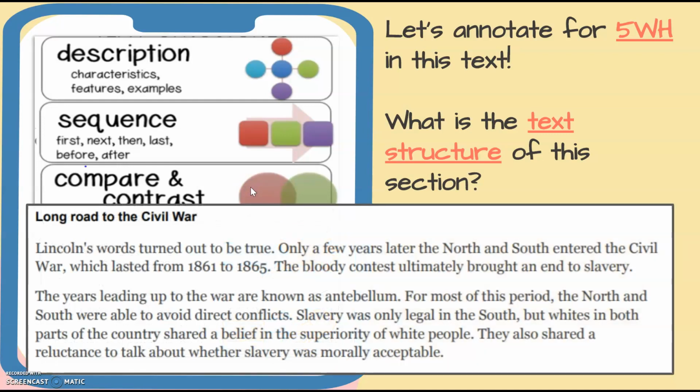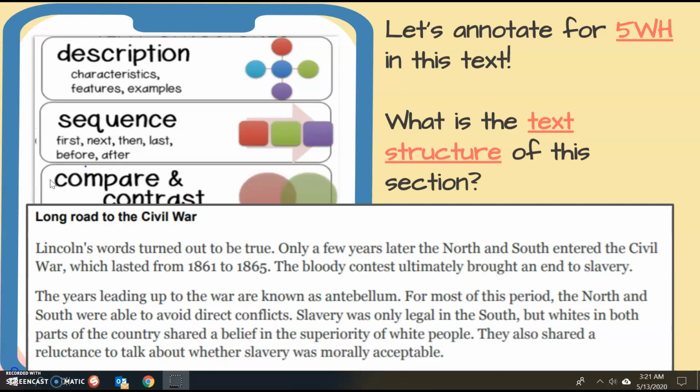So, we are going to read the section called Long Road to the Civil War. Always carefully read the subheading to determine the topic. I see here this section is about the long road to the Civil War. That's not an actual road. That means what led up to the Civil War.